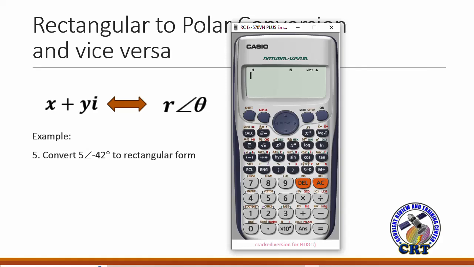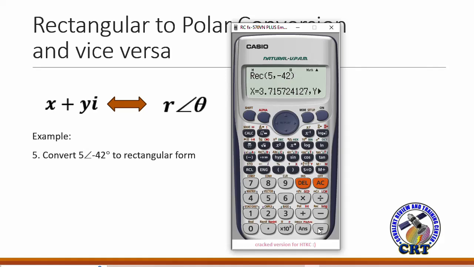For example number 5, let us use the calculator function, convert 5 angle of negative 42 degrees to rectangular form. So press shift and rec in your calculator, input 5 comma negative 42, close parenthesis and press equal sign.